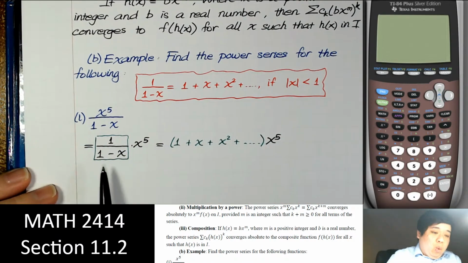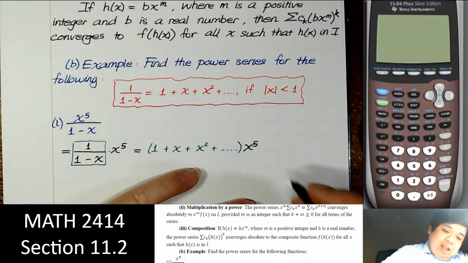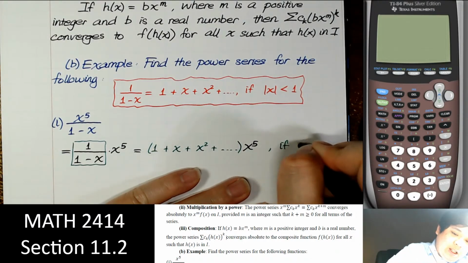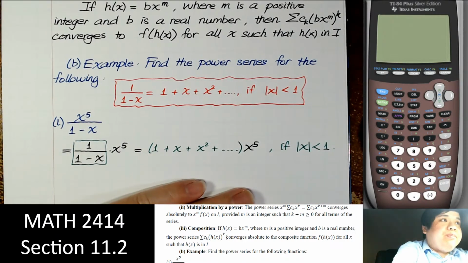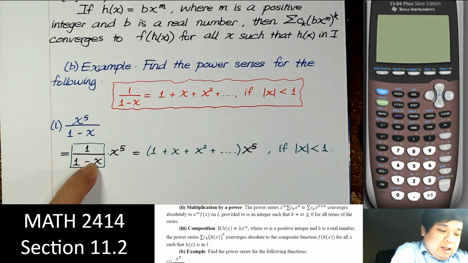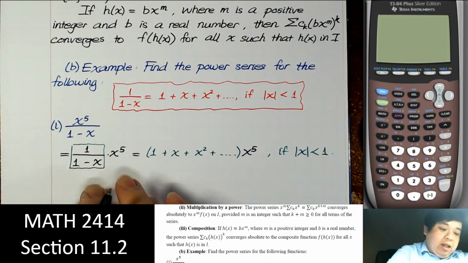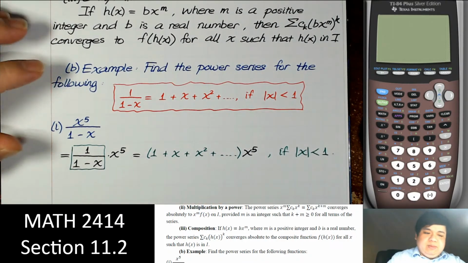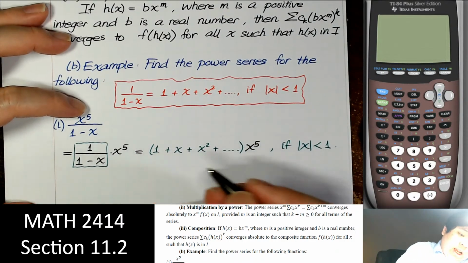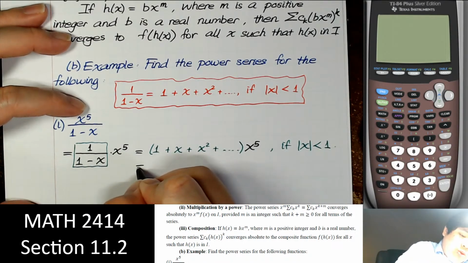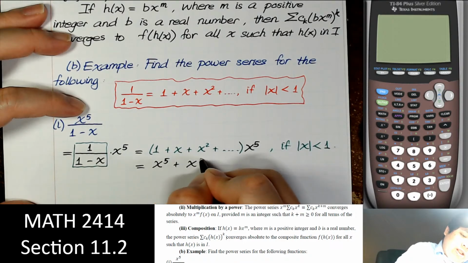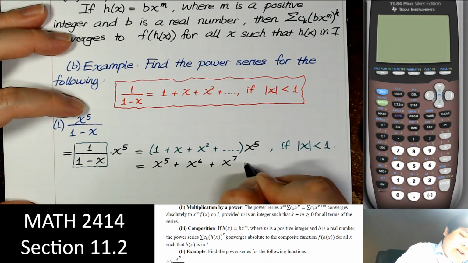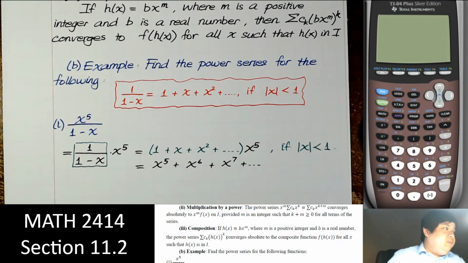By the way, when we write it like that, it only works if the absolute value of x is less than 1. Otherwise, we cannot write the sum like this. Then we just multiply it out. That should be simple: x to the 5th, x to the 6th, x to the 7th, and increasing.